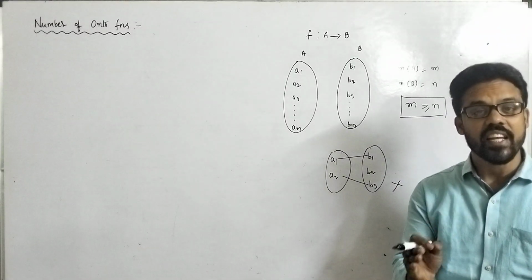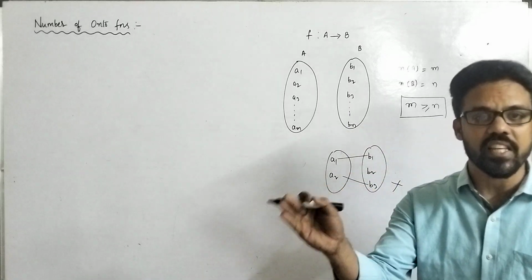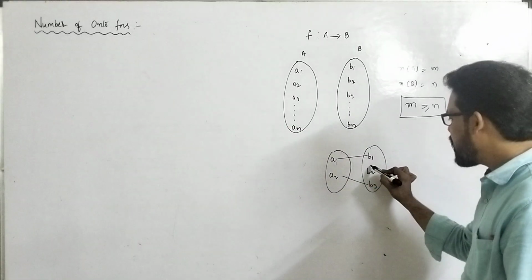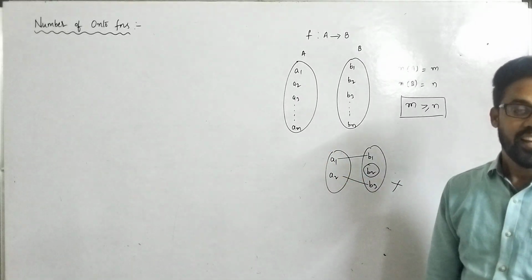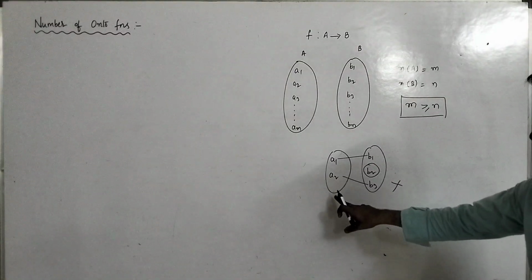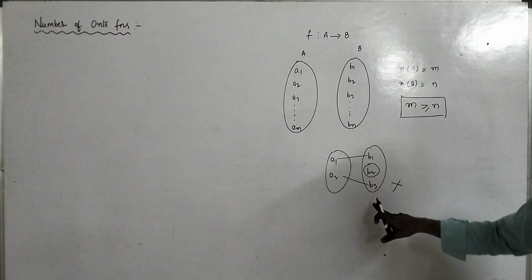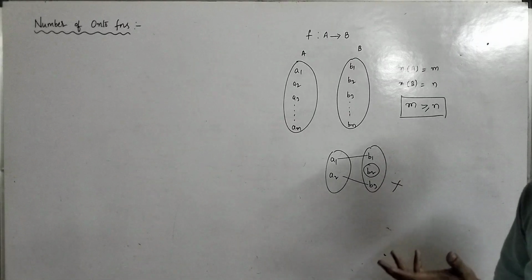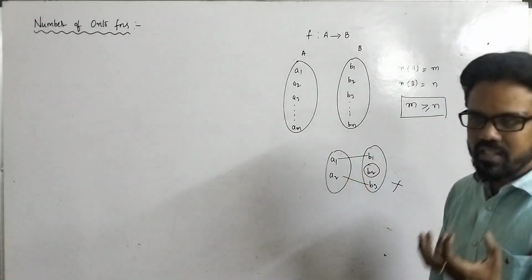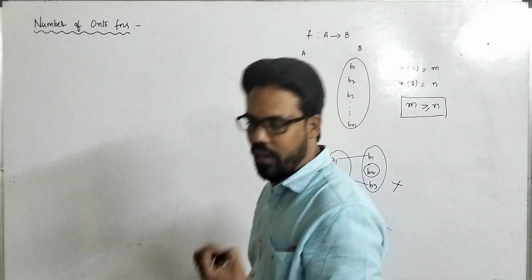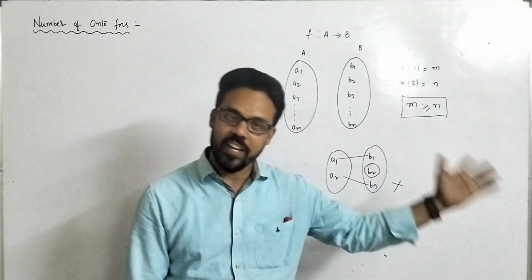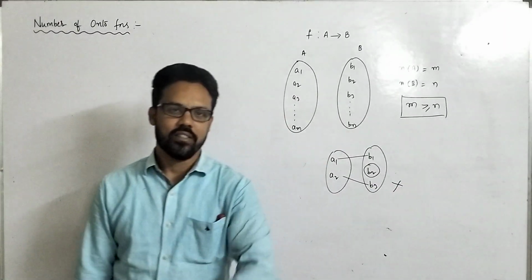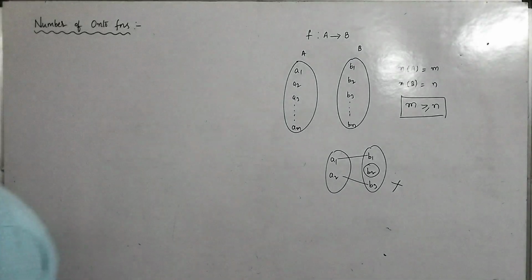Why? Because every element should have at least one pre-image in set A, yet the element B2 has no correspondence with any element in set A. Hence, if the number of elements in A is less than in B, then the number of onto functions is 0. That means there will be no onto functions mapping from A to B when m is less than n. Now coming to the point, m greater than or equal to n.